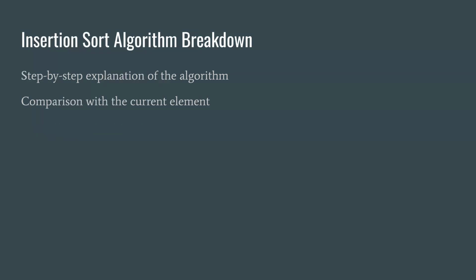Insertion sort algorithm breakdown. If we are to illustrate insertion sort by step-by-step execution, let's imagine you're sorting a row of plants by the plants' height. You start with the second plant and compare it to the first.